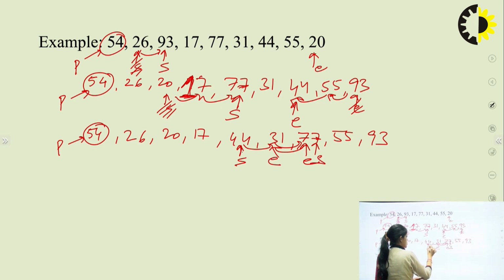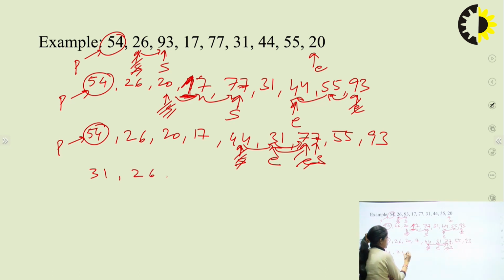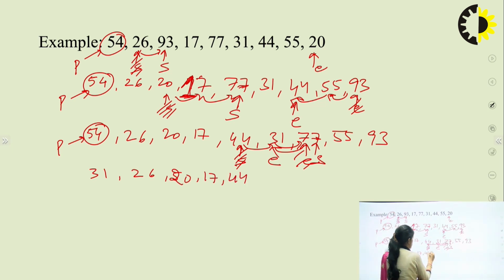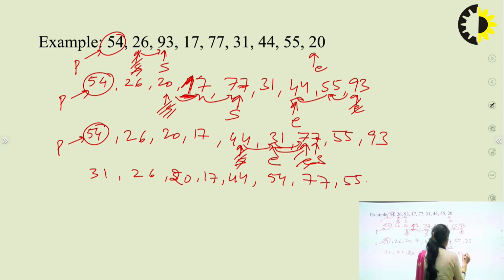This is S, this is E. Then we will swap E and 54. 31, 26, 20, 17, 44, then 54, 77, 55 and 93.